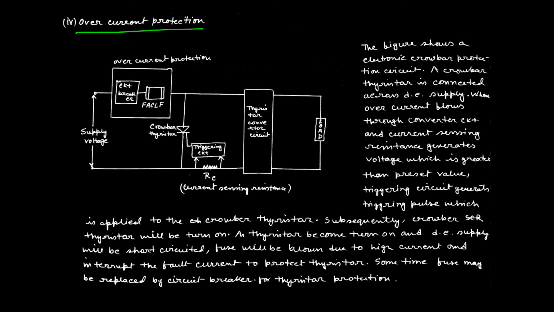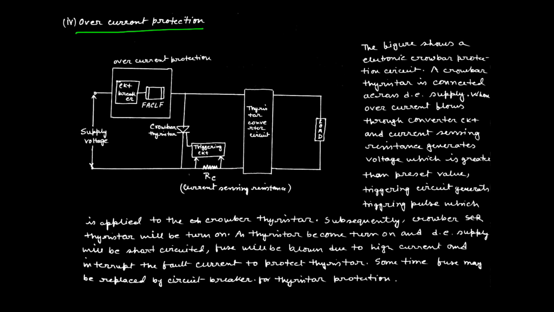Then this switch starts working as a short circuit. That is why the total fault current will be short circuited through this Crowbar circuit and come back to this terminal. Then what happened? As the circuit breaker and the fuse are there, they will be destroyed. But it can protect the actual converter circuit, which is very expensive and very important for industry application.